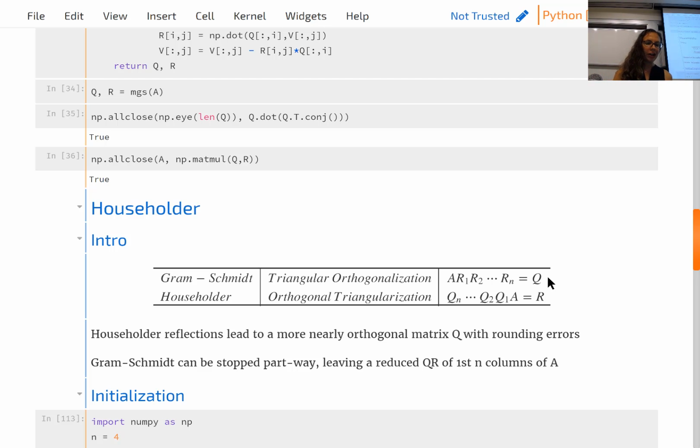Householder is a different approach, where you're focused on zeroing out the bottom triangle in A. In each iteration of Householder, you take another column and make everything below the diagonal zeros.